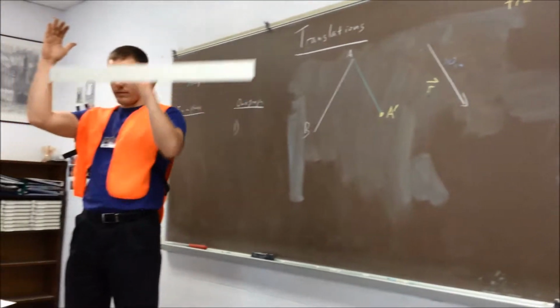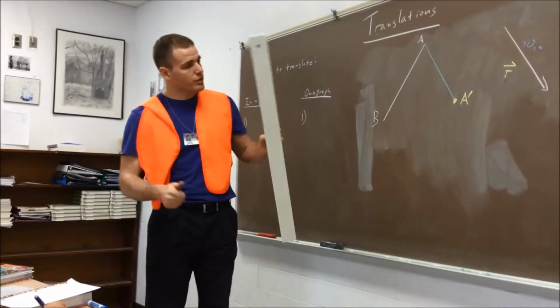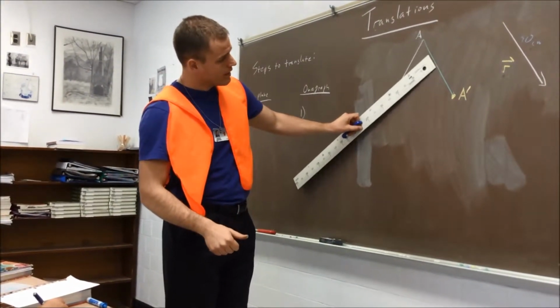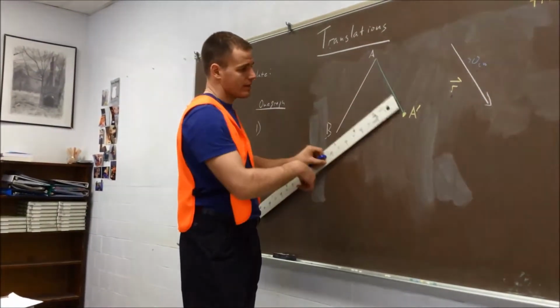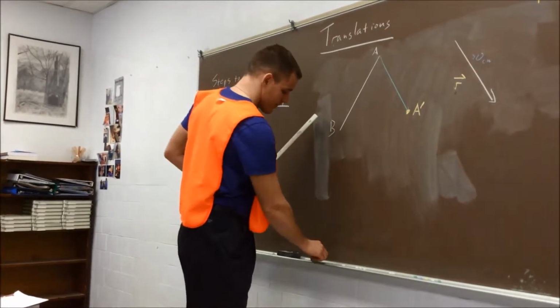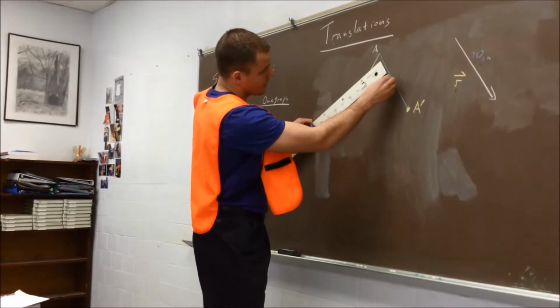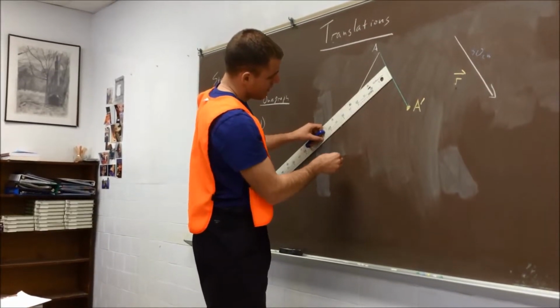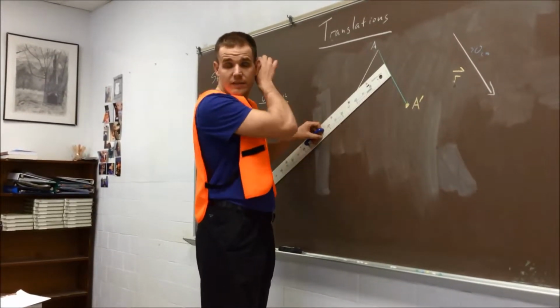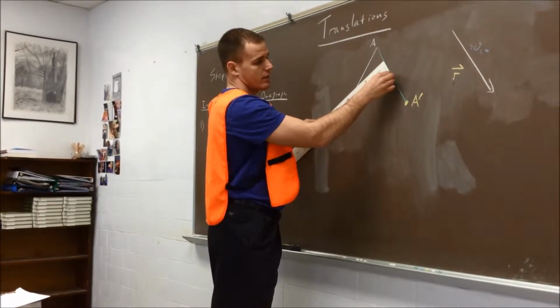It's equal, isn't it? So what we're going to do is make sure this distance from here to this point is equal to this. So I'm going to measure how far over this is. Does everybody see how this is 90 degrees right here?